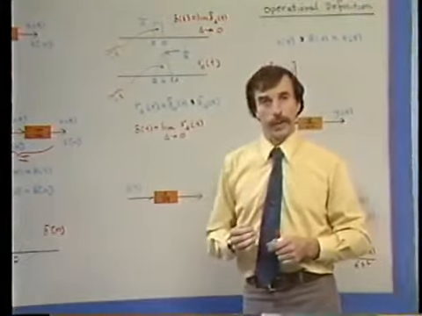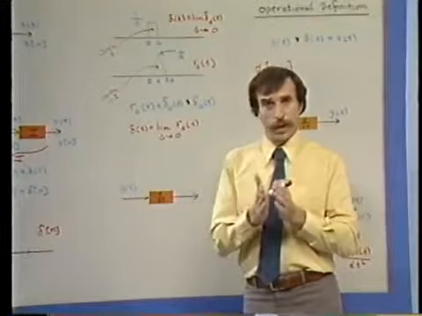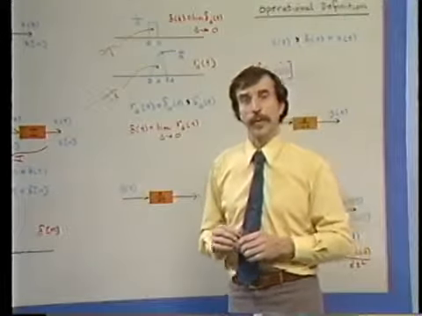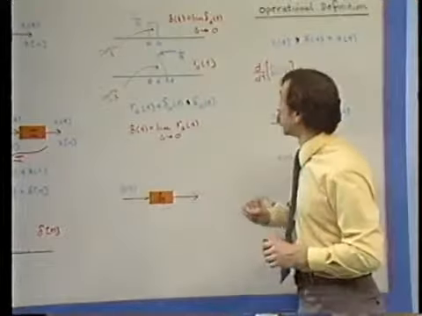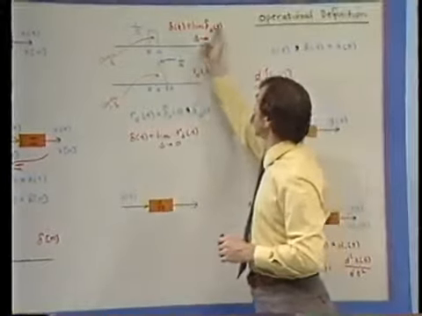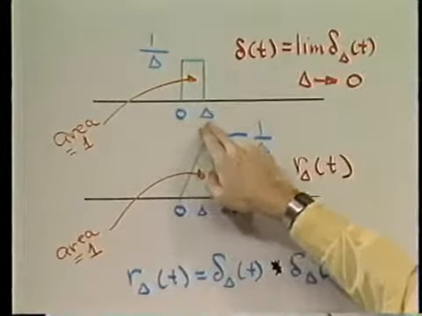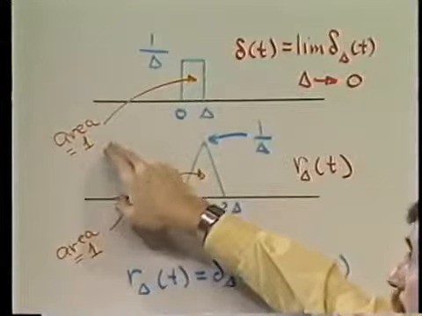And the way that we dealt with that was to expand out the discontinuity so that it had some finite time region in which it happened. When we did that, we ended up with a definition for the impulse, which was the limiting form of this function, which is a rectangle of width delta and height 1 over delta and an area equal to 1.